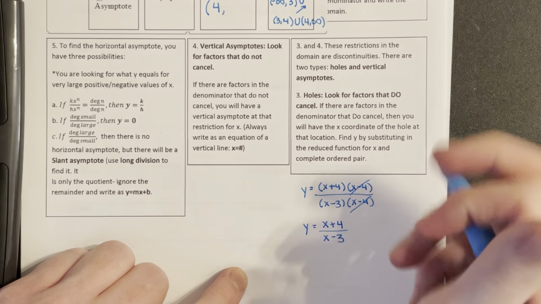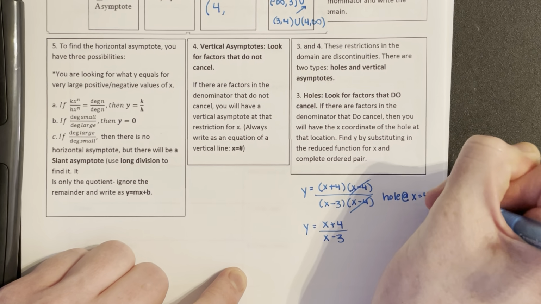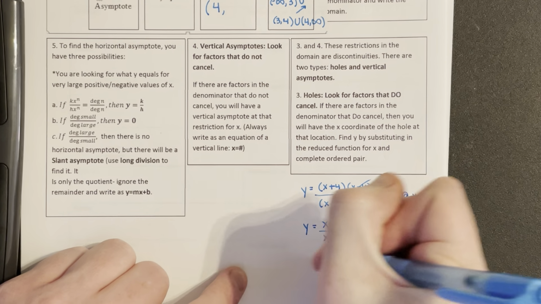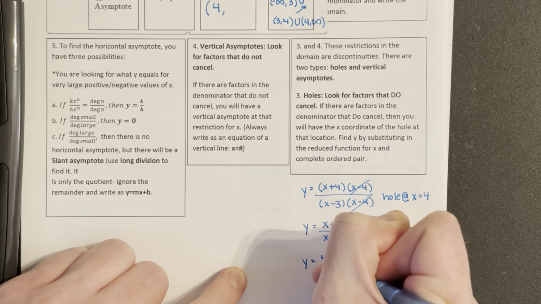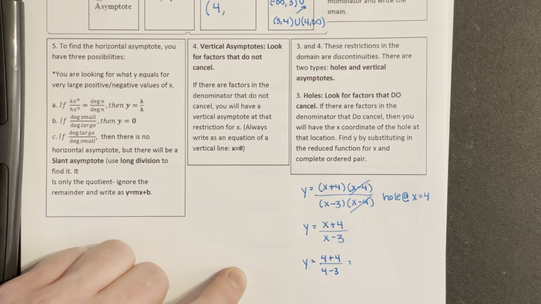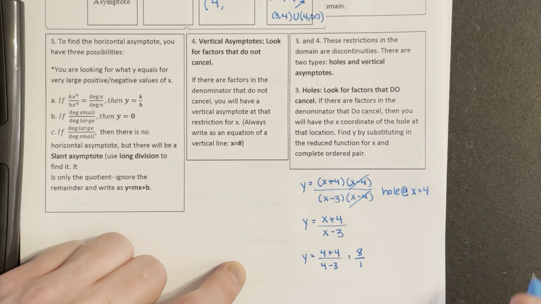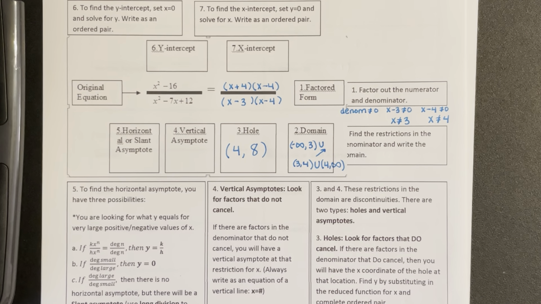So that told us that we're going to have a hole at x equals 4, and if I plug 4 in, I'll find the location. So that would be 4 plus 4 over 4 minus 3. 4 plus 4 is 8 over 4 minus 3 is 1. So our y value is just 8. That gives us a hole with the location 4, 8.